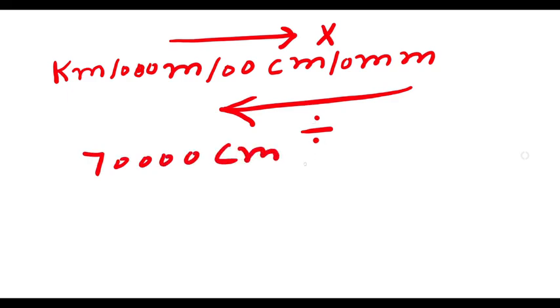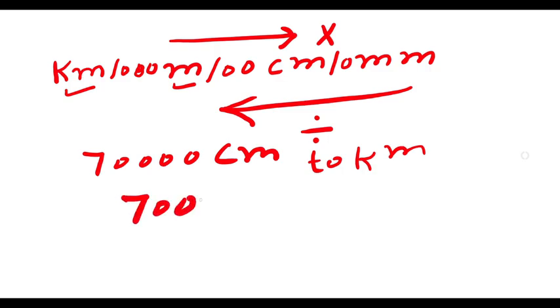Say for instance you got 70,000 centimeter and you need to convert to kilometer. You cannot go from centimeter directly to kilometer, so first convert to meter, then kilometer. So 70,000 divided by 100 is 700.